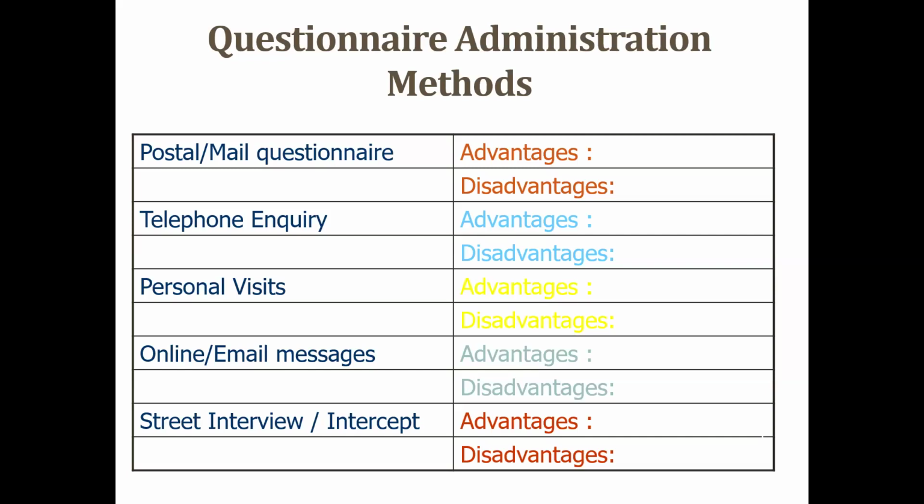So once again, we may want to, amongst ourselves, consider telephone inquiry as an approach to administering questionnaire and determine its advantages and its disadvantages at length or at breadth.